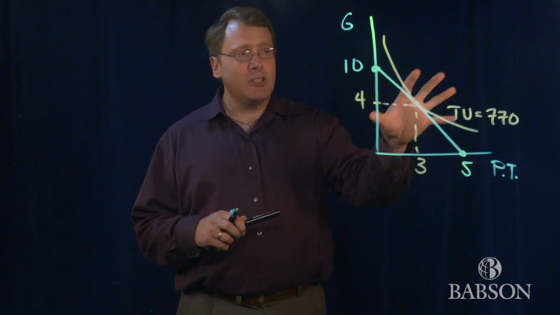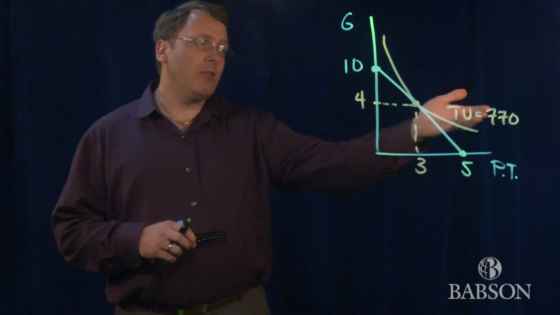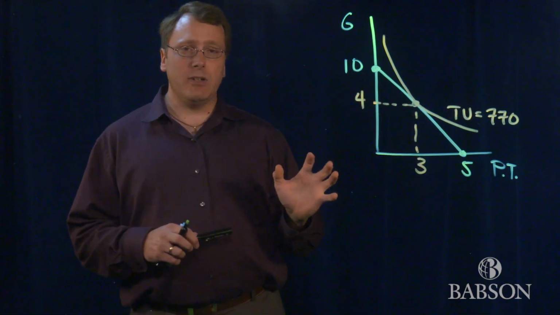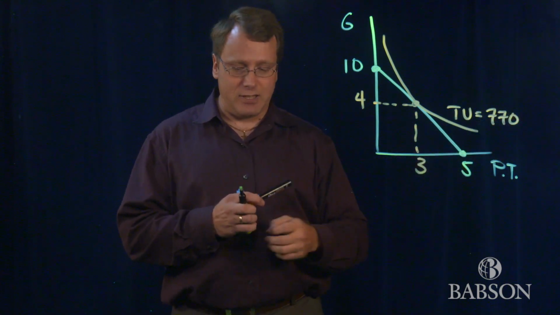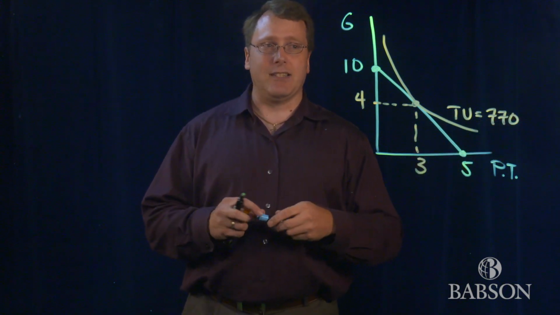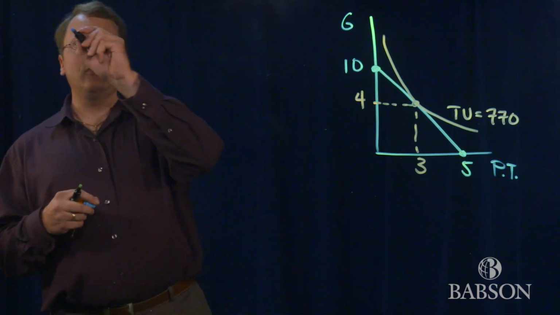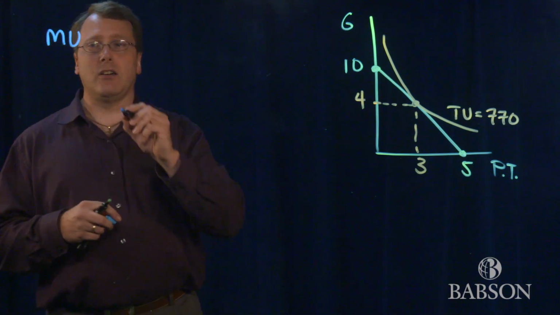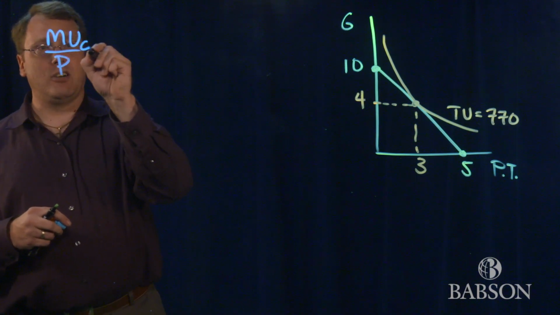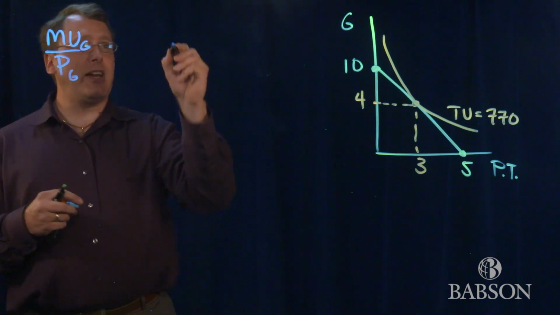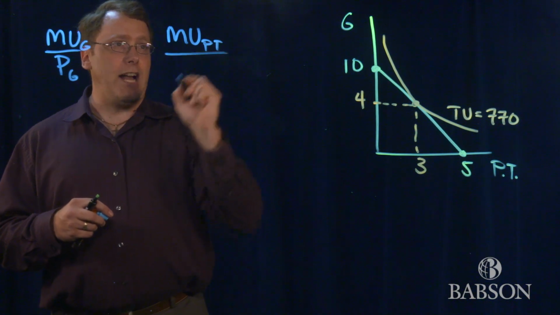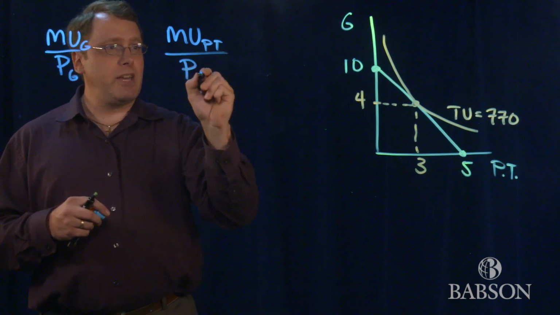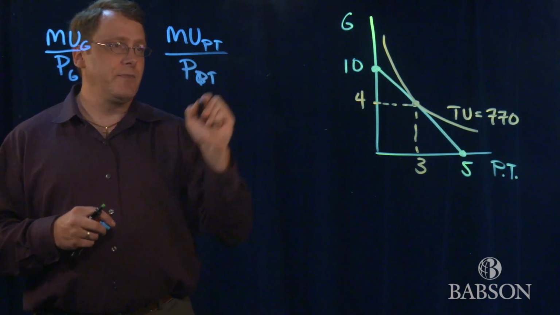And when we looked at that and we asked the question, how do we know that that 4 and 3 is the optimal bundle, and we said it's 770, the easiest way to look at that is to consider the marginal utility of the dollar spent on granola and compare that to the marginal utility of the last unit of a Pop-Tart compared to its price.